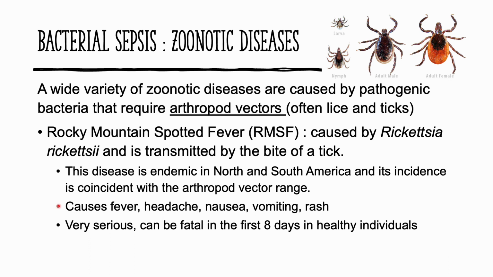And that's why you have to be very aware of when you get a tick bite and what you start experiencing after having that tick bite, and sharing that with your doctor as well, because this is very serious. So it can disseminate throughout your body very quickly and be fatal in a very short amount of time, just within the first 8 days in healthy individuals, so people that aren't even immunocompromised.